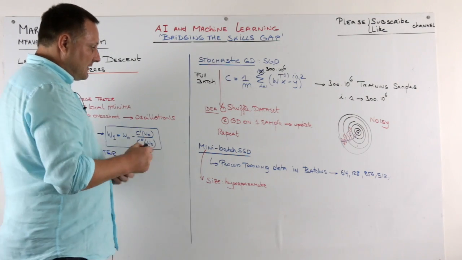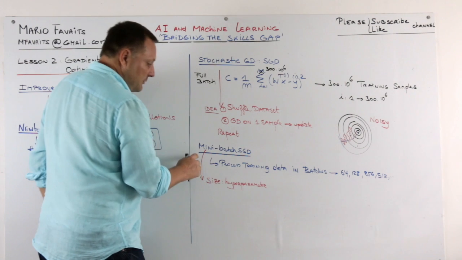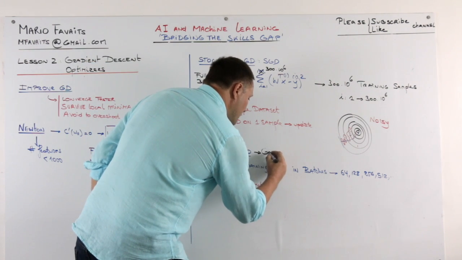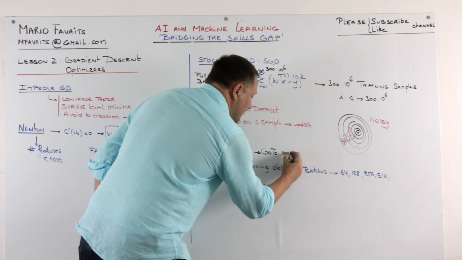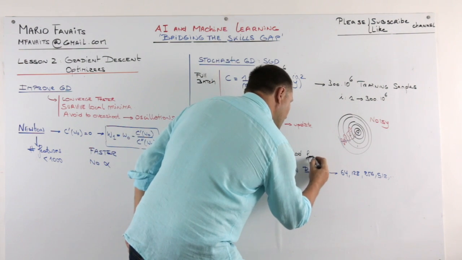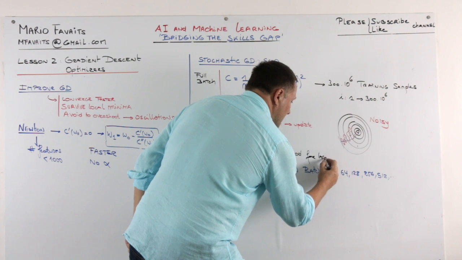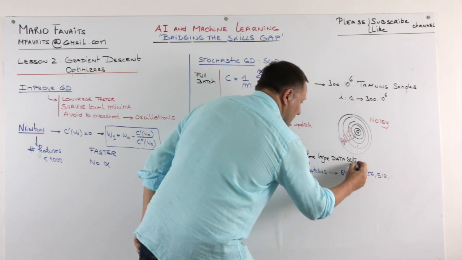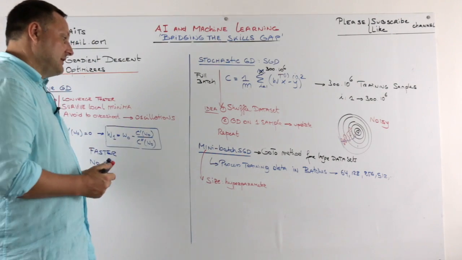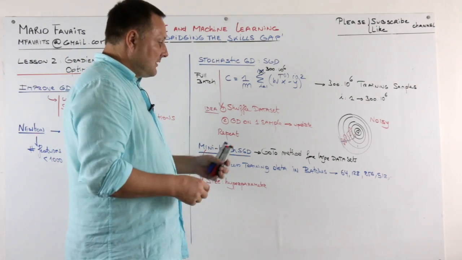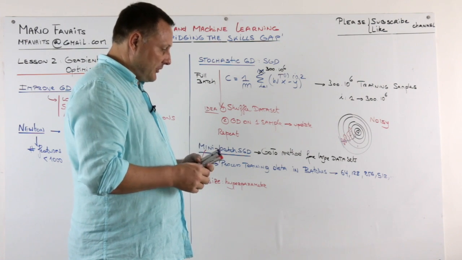What I can say is we will use this one quite a lot. This is the go-to method for large data sets. Mini batch stochastic gradient descent is frequently used, especially when we go to deep learning.